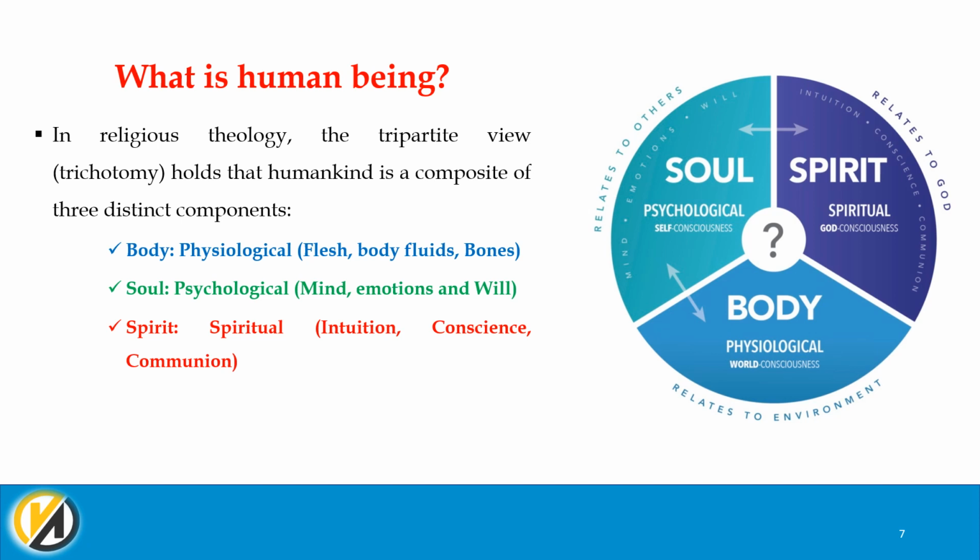As nutritionists, we usually focus on the body part, and our recommendations are always attached to nutrient recommendations and also physical activities. And we usually forget about the psychological things such as the mind, the emotions, and the will.